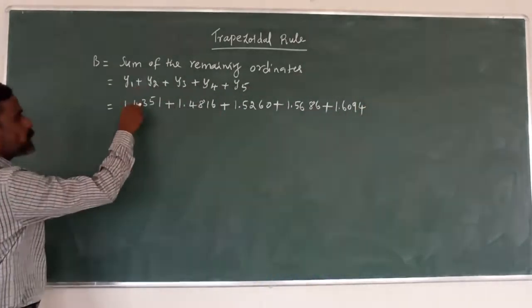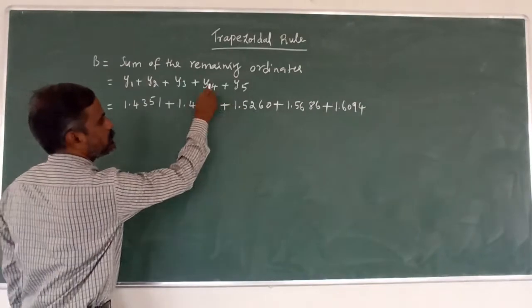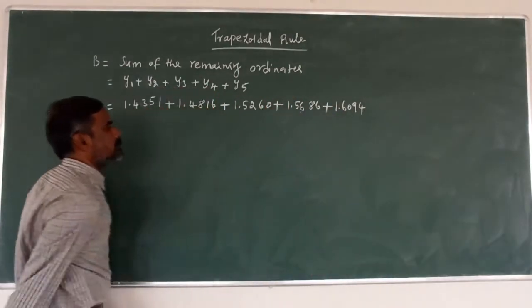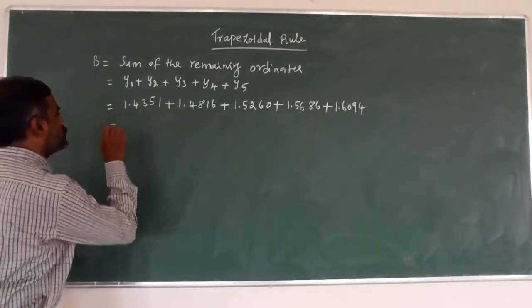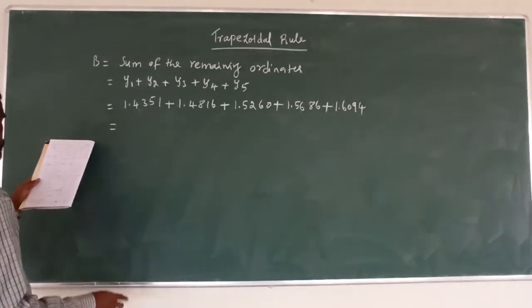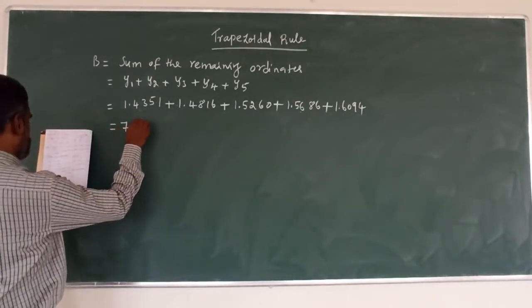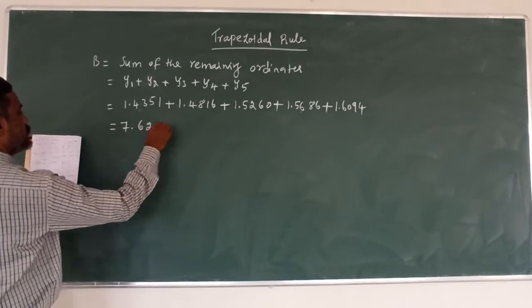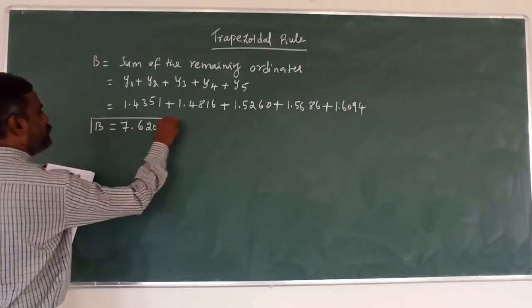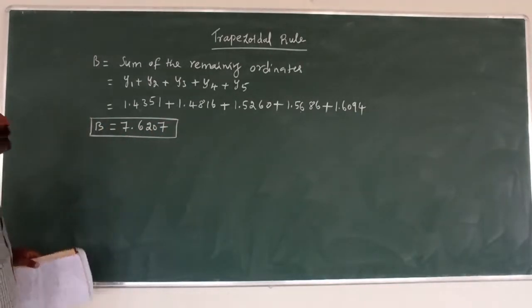This is for y1, y2, y3, y4 and y5. Now adding all the y values, we get 7.6207. This is the B value.